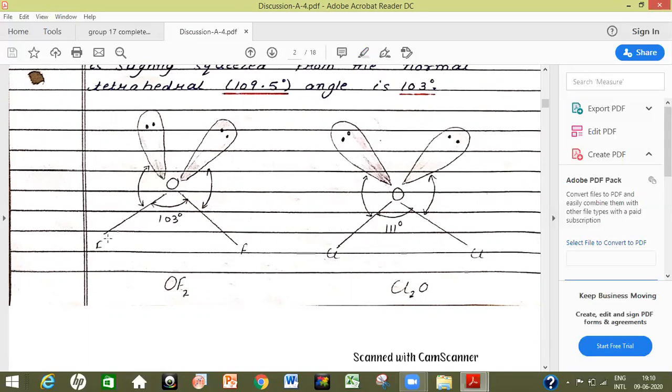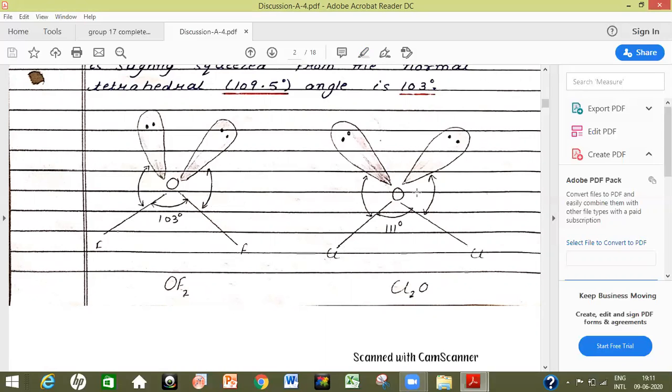Due to this, the bond angle decreases in comparison to the ideal bond angle, which is already reduced due to the presence of these lone pairs, but it further squeezes due to the lessening of repulsions between the bond pairs because of the more electronegativity of fluorine.